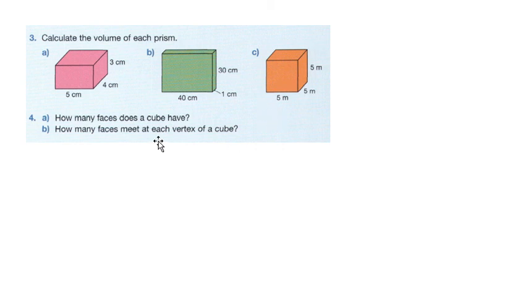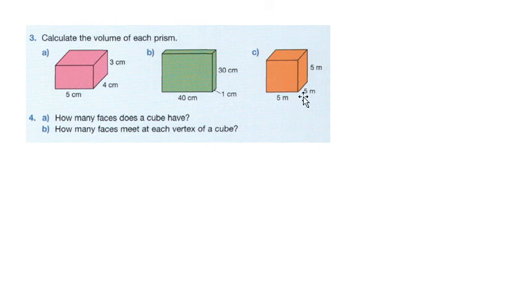How many faces meet at each vertex of a cube? So, a quick reminder here, it's one vertex or many vertices. So this is a vertex right here where the lines meet, and we can see from this cube, and for every other cube for that matter, that we have 1, 2, 3 faces that meet at this vertex.